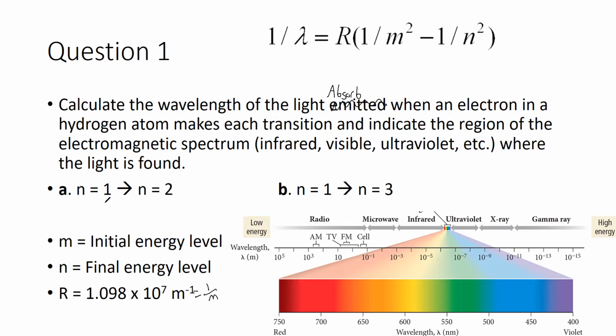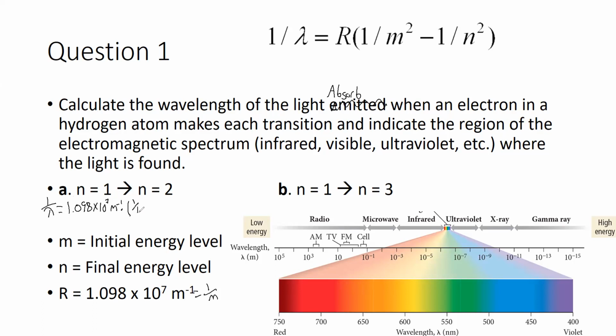All right, so let's calculate the wavelength of light we need to go from the first to the second energy level. So 1/lambda, remember lambda is wavelength, equals Rydberg's constant, 1.098 times 10 to the 7th inverse meters, multiplied by my initial energy level, so 1 divided by m squared.